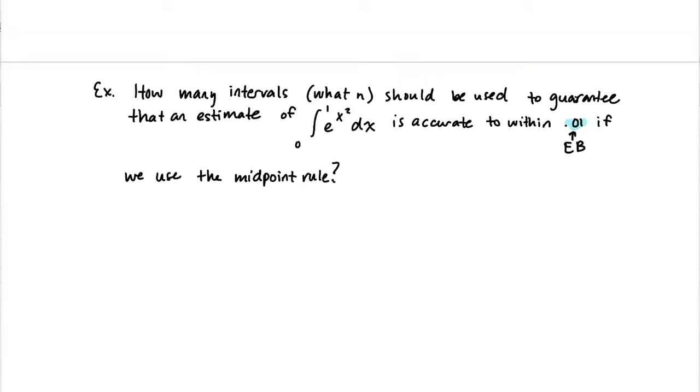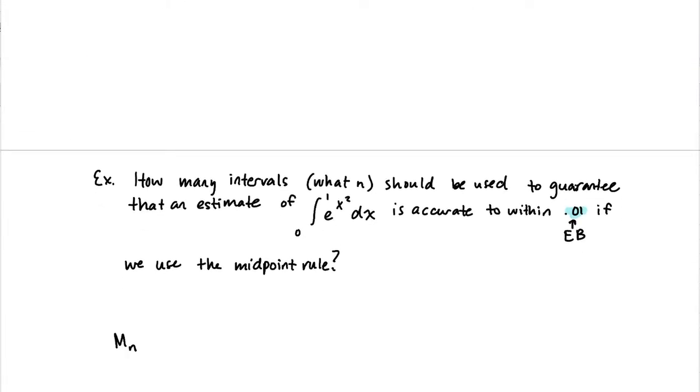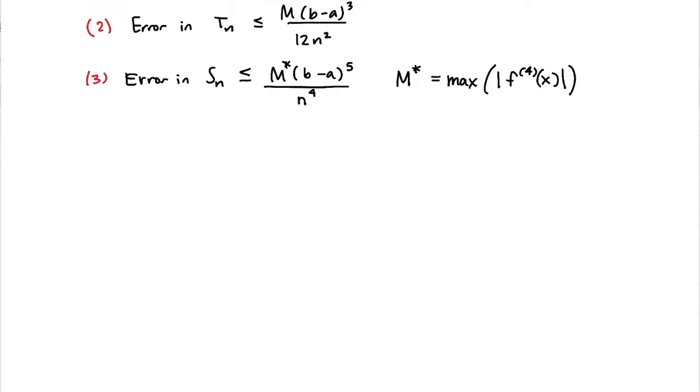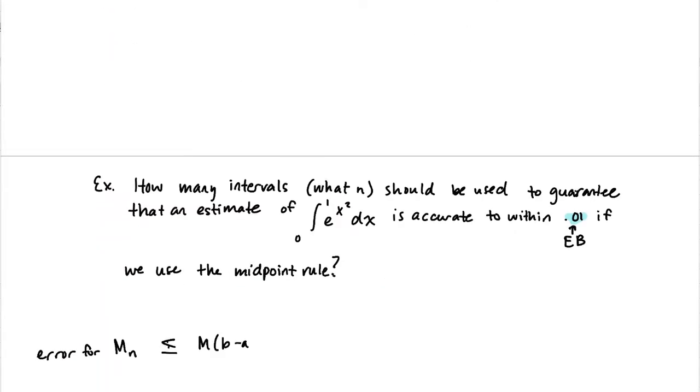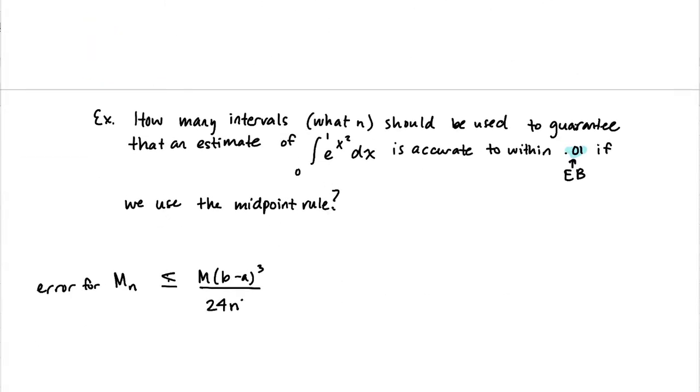We're going to go back to the formula for the midpoint rule. The error was less than or equal to M times b minus a cubed over 24n squared, and we want this to be less than or equal to 0.01.